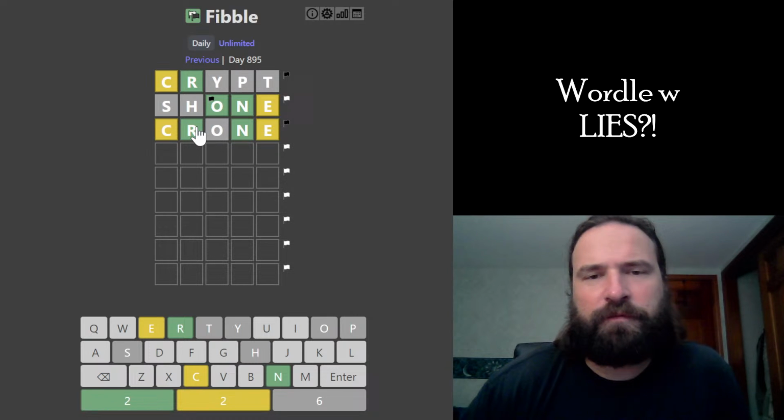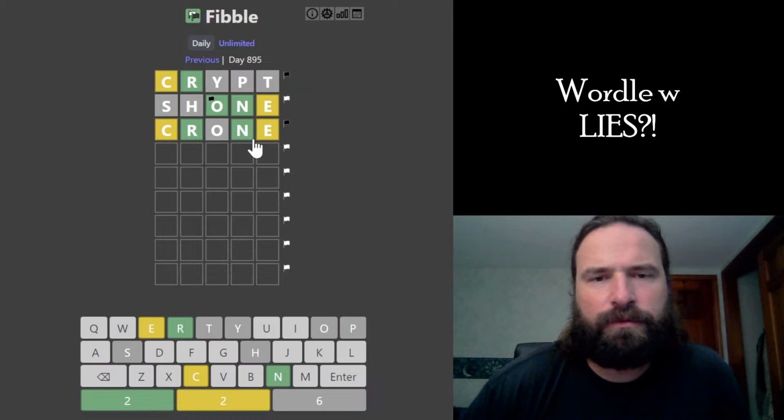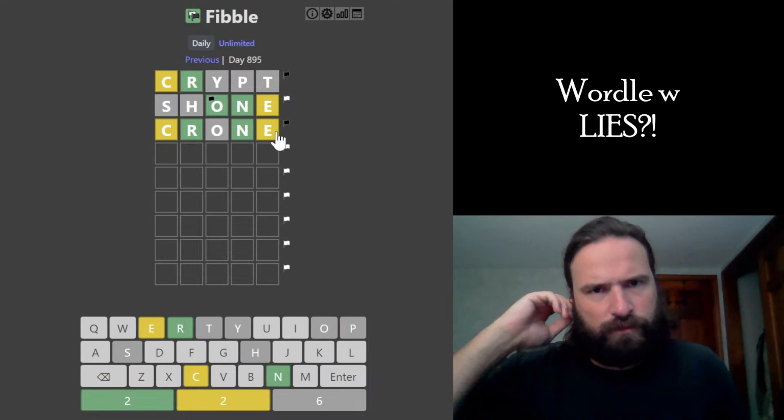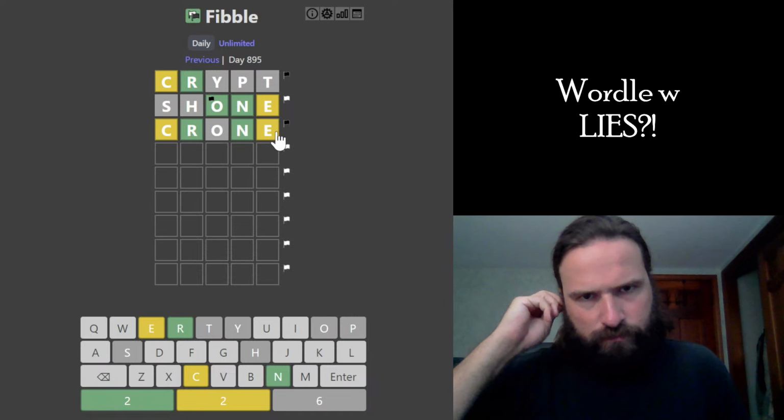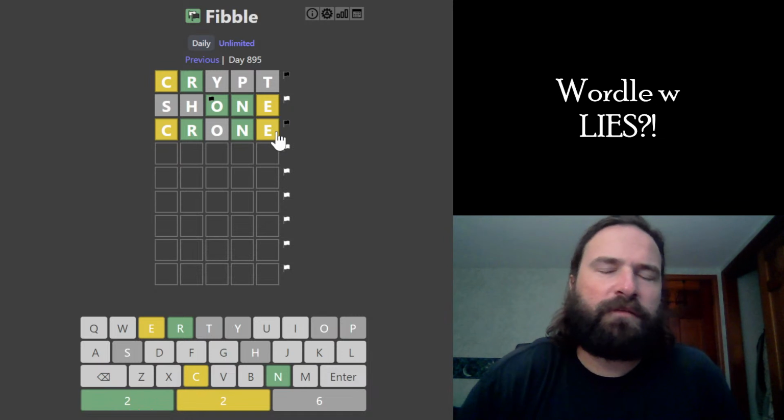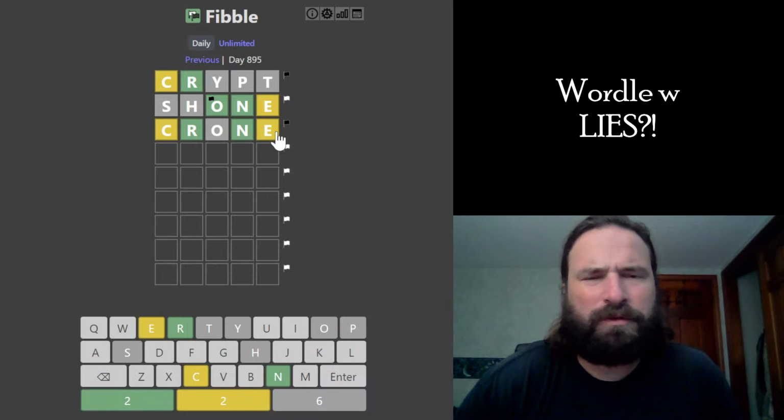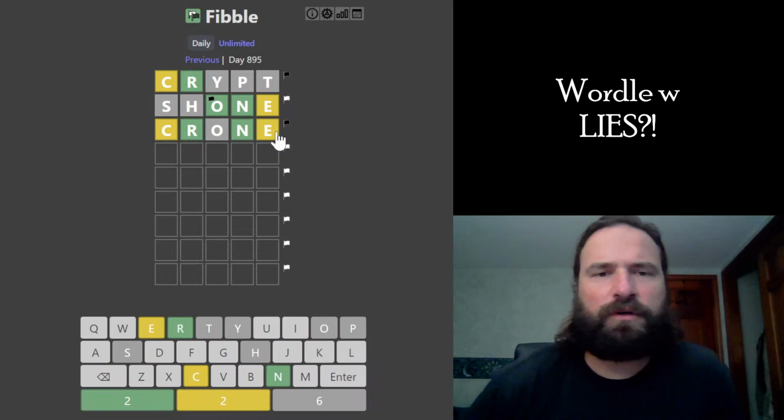There are surprisingly few words that do that. And honestly, if this C is in this word and it's not first, where does it go? I'm having a hard time making this word.